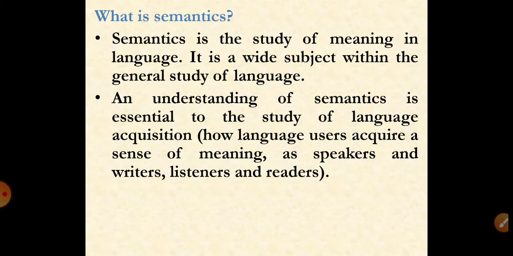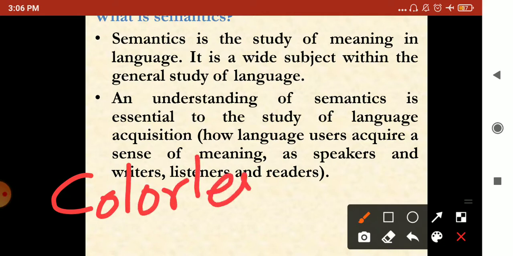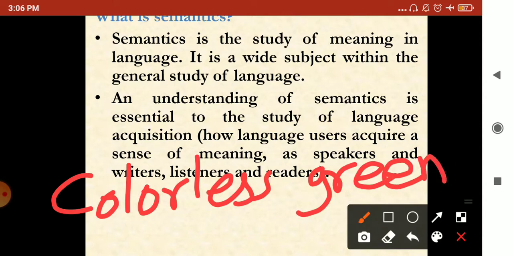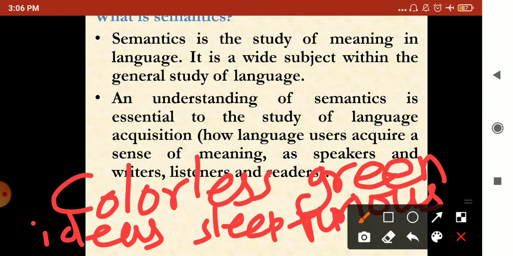For example, the sentence that we studied in the last semester, colorless green ideas sleep furiously. If you create or write or speak such sentences, communication will not be possible because the sentence is syntactically correct but semantically odd.